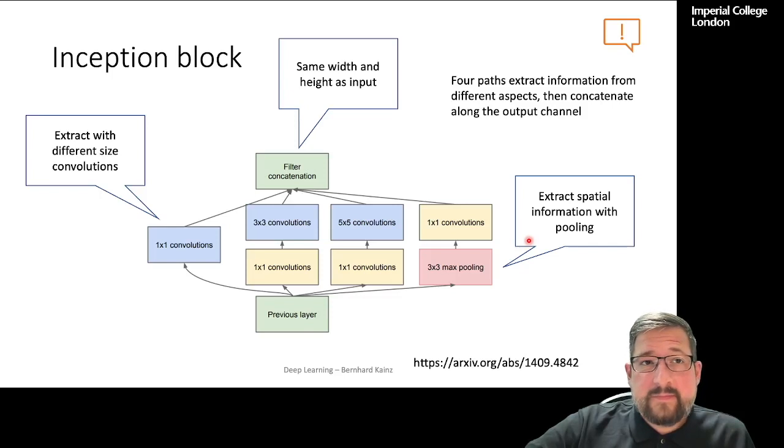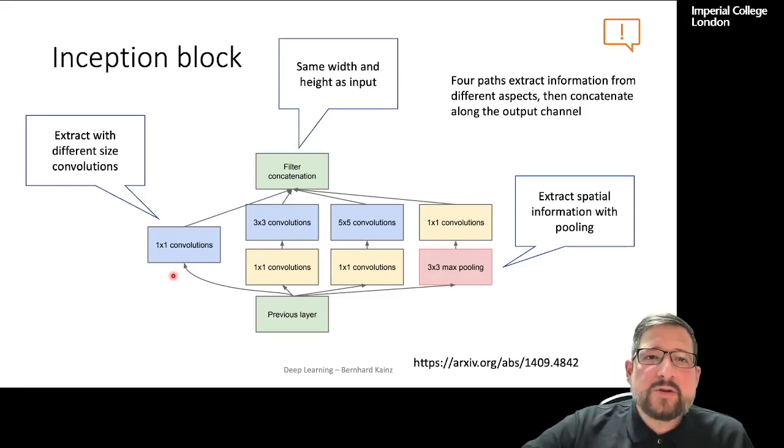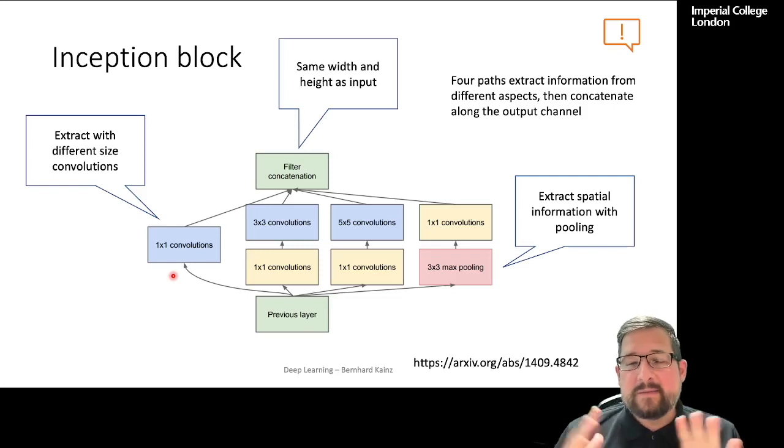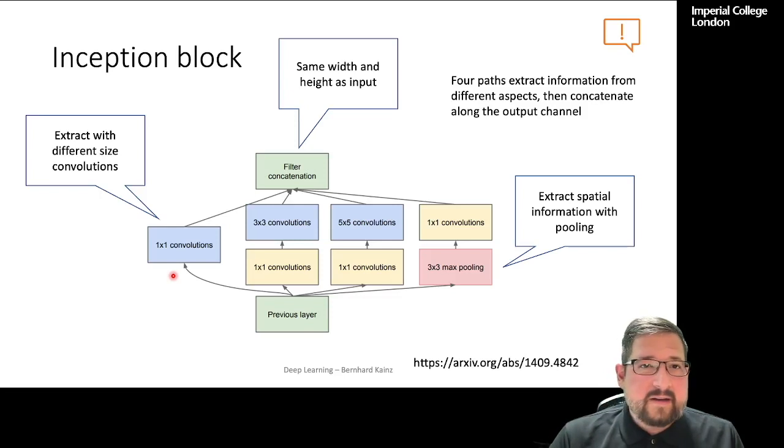Now you might be wondering, how do all these different types of convolutions fit together in the Inception block? Well, the key to making this work is using appropriate padding. For example, the 3x3 convolution uses half padding by 1, and the 5x5 convolution uses half padding by 2. This ensures that the dimensions of the input and outputs align and remain the same, so you can combine them back into one concatenated output.